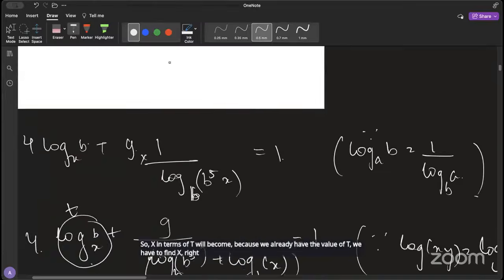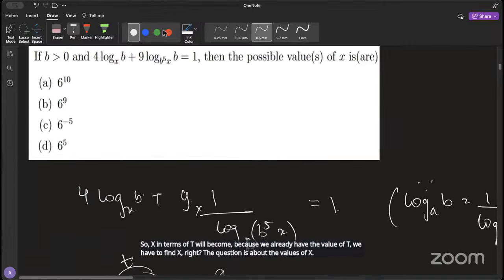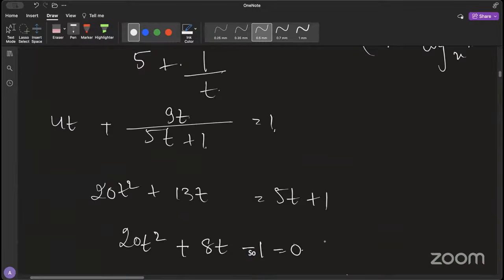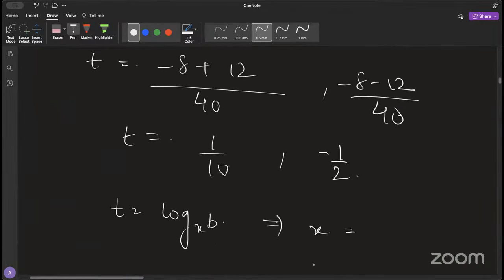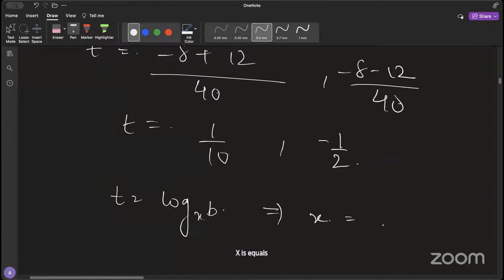The question is about the values of x. From here you will have x to the power t is equal to b, or in other words, you can write this as x is equal to b to the power 1 by t, right?